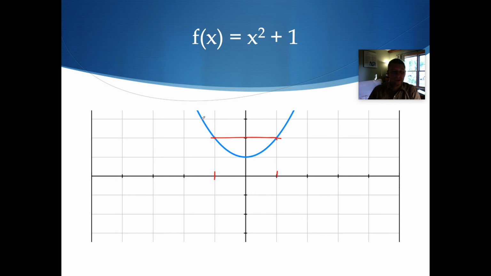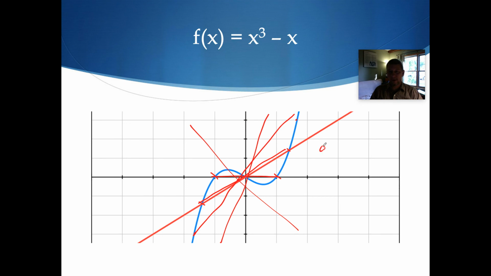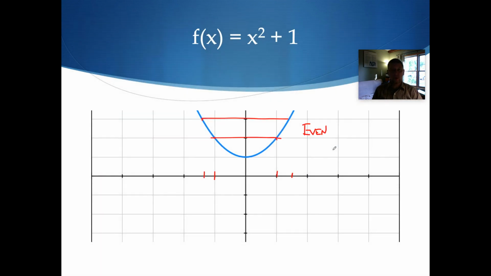If I do, this is probably x equals 2/5 maybe, you can see x equals 2/5 and x equals negative 2/5 both pass through the same y value. And so it's symmetrical about the y-axis. This is even, whereas the one before it is odd: symmetrical through the origin, versus symmetrical through the y-axis.